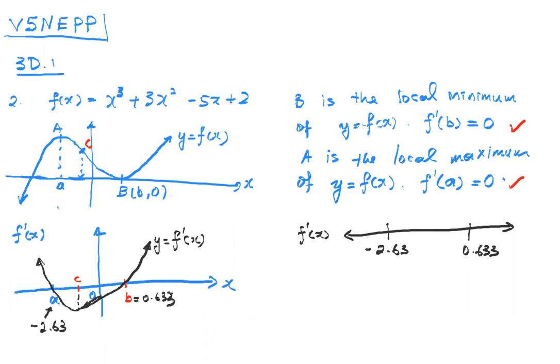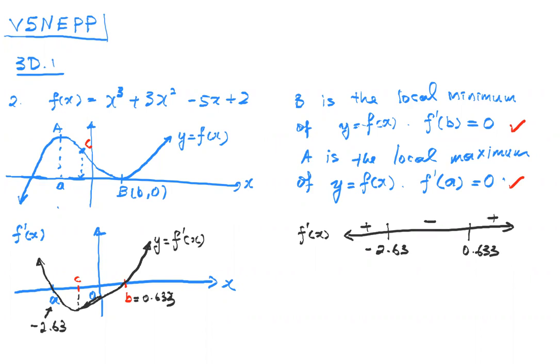Here is a plus because the f prime x graph is above the x-axis. Here is a minus and here is a plus. So I want to teach you how to draw the f double prime sign diagram based on the f prime x graph. Are you okay? Based on the f prime x graph.